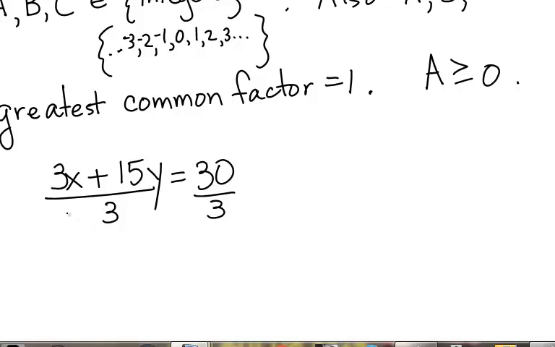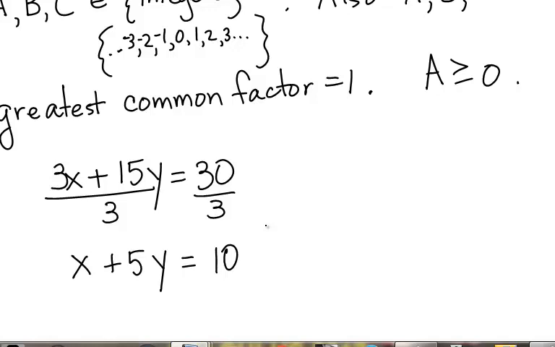This is a polynomial over a monomial, and that 3 divides into both of them. Okay, so you'd have x plus 5y equals 10. You have to make sure the A value in front of the x is positive, which it is. The A, B, and C are integers, and you can't have any common factors bigger than 1.